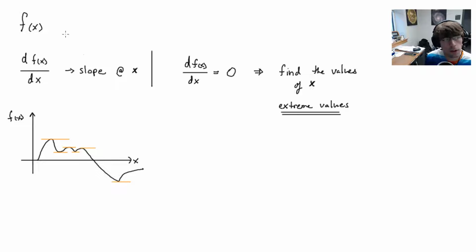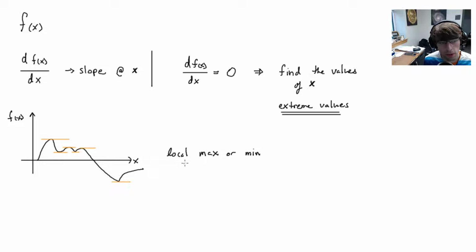At all of those values, those extreme values, a different way of saying it is it's a local max or min. In other words, it's where the slope changes. It goes from a positive slope to a negative slope, or from a negative slope to a positive slope.